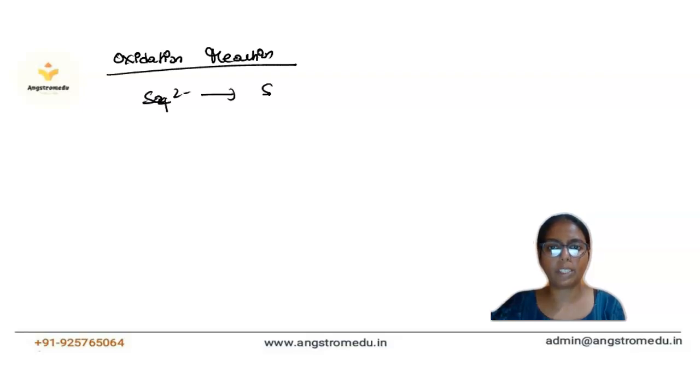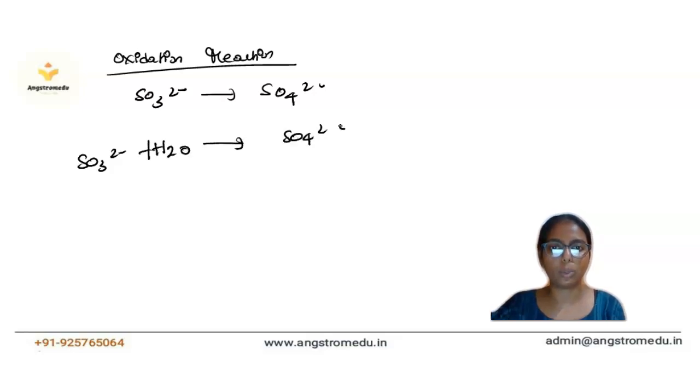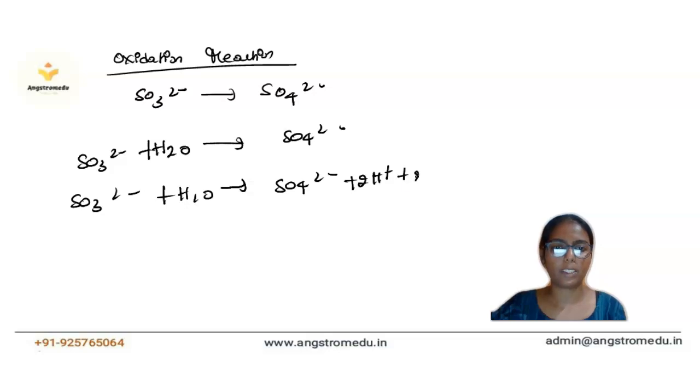So here the SO3 2-, with the addition of a water molecule H2O, gets converted into SO4 2-. So SO3 2- plus H2O gives rise to SO4 2- plus 2H+ plus 2 electrons.